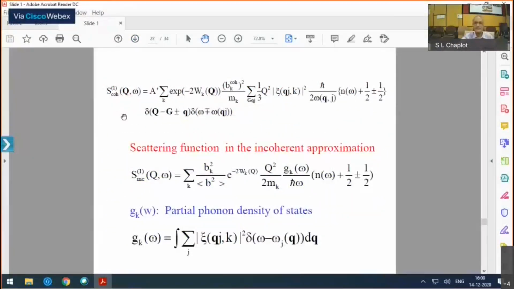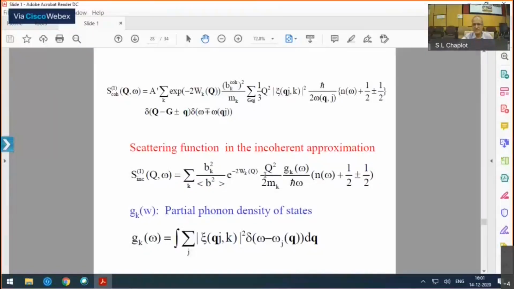Okay, so when we do that, if I remove the phase terms and replace q dot xi square with this 1/3 of q square xi square, then I get this term in the incoherent approximation. And then again, as we said, we sum over all the q around this capital Q, integrate over all the frequencies, so it becomes a much simpler expression. Here we have just normalized it with the total scattering length for the entire sample over k.